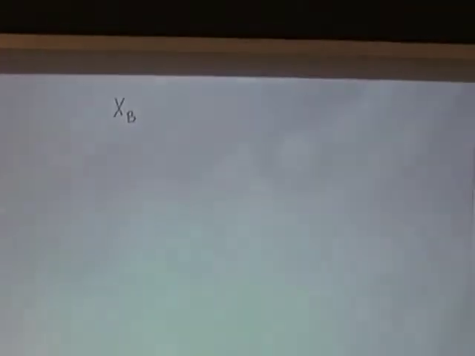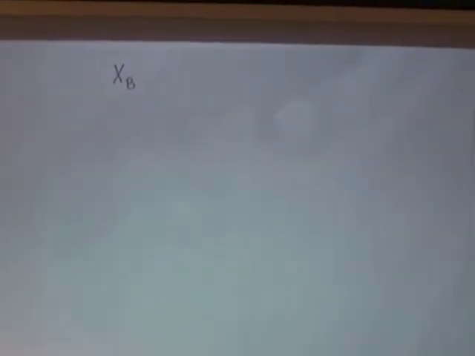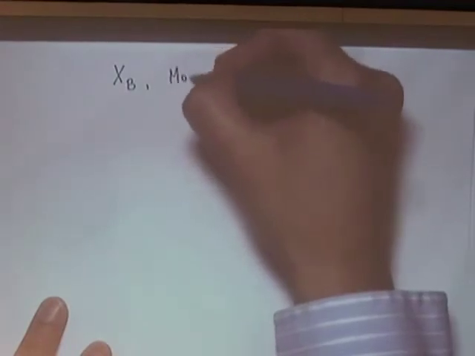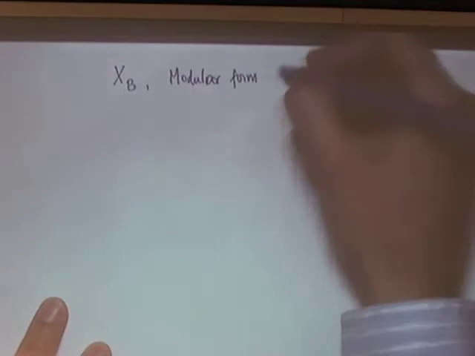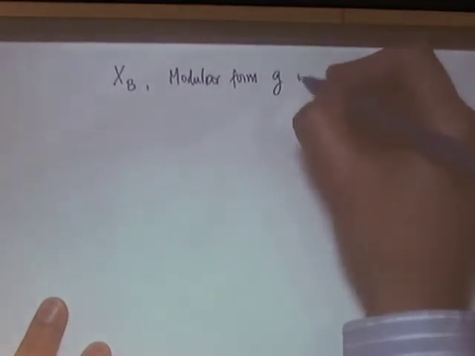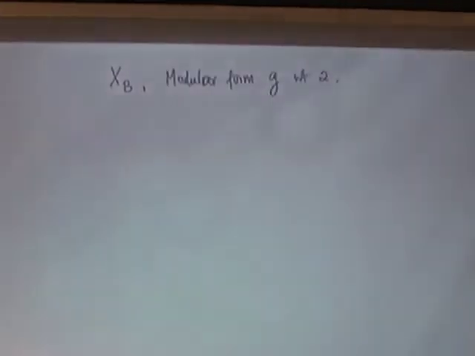All right. So now I'm just going to use X_B. I'm not going to be very precise. X_B will just be one of the curves that we get in this way, and you can think about modular forms on gamma. So let's say I pick a modular form G of weight 2. Again, there's a theory of Hecke operators, there's a theory of eigenforms and so on.